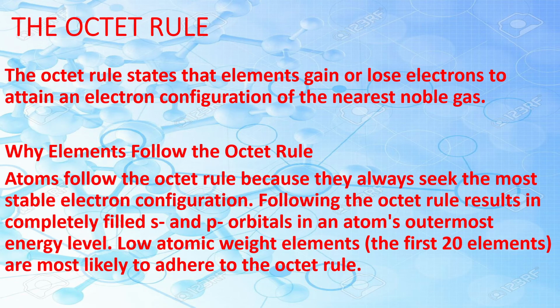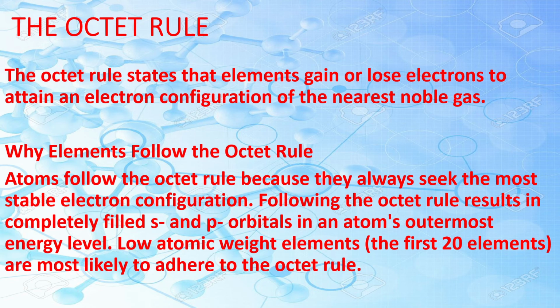Next, what is the octet rule? So the octet rule states that elements gain or lose electrons to attain an electron configuration of the nearest noble gas. So why do elements follow the octet rule? Atoms follow the octet rule because they always seek the most stable electron configuration.